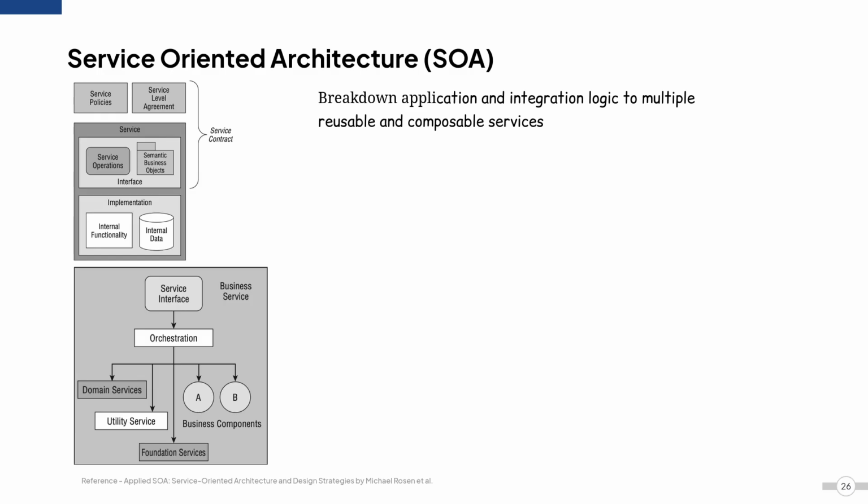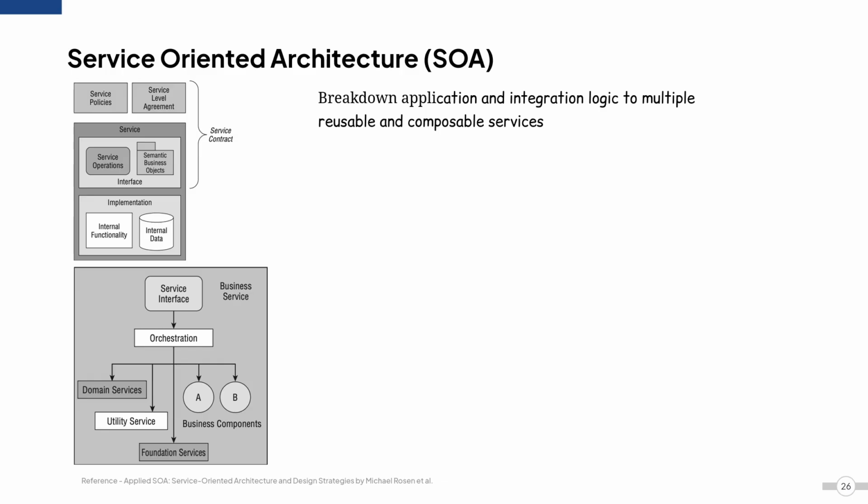And in typical scenarios, in service-oriented architecture, mostly it was referring to SOAP, which is a web services sort of protocol. And it usually had something called a service contract, in which you had its interfaces and service operations listed down, along with maybe some service policies and service level agreements.